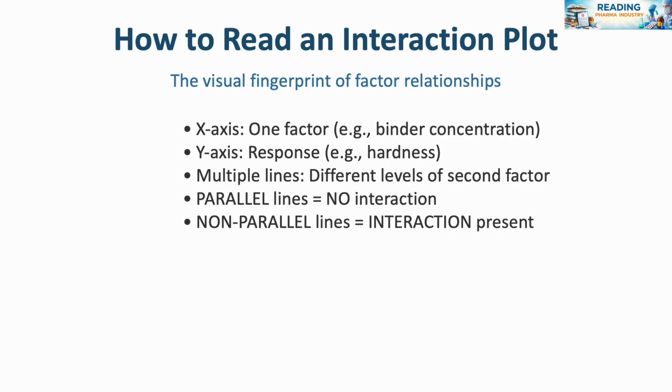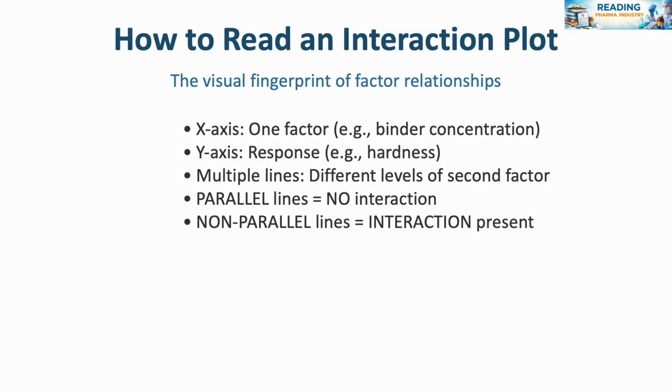So how do we read an interaction plot? This is often referred to as the visual fingerprint of factor relationships. The x-axis is one factor; since we've been talking about pharmaceutical formulation, the y-axis is the response, and in terms of tablets it is the hardness of the tablet.